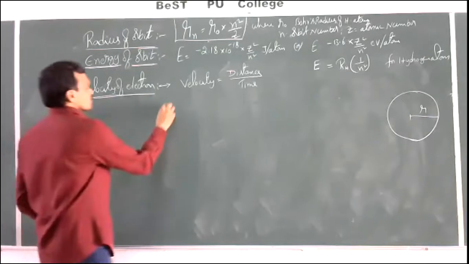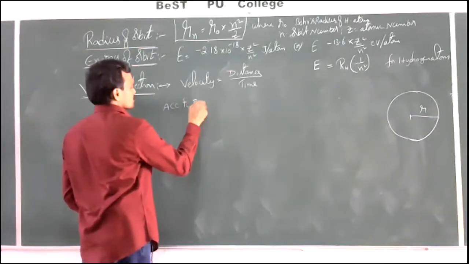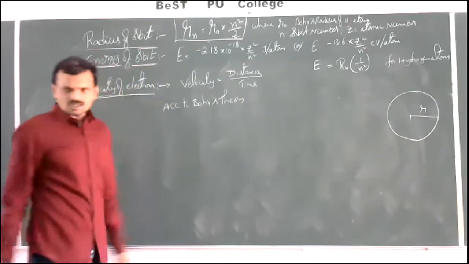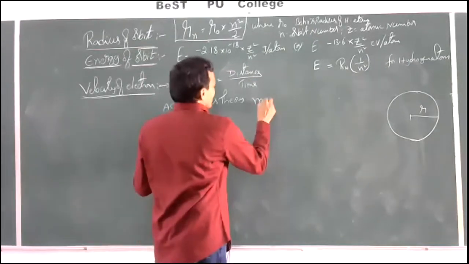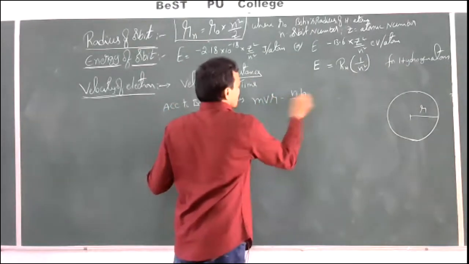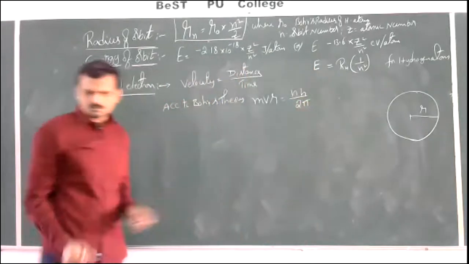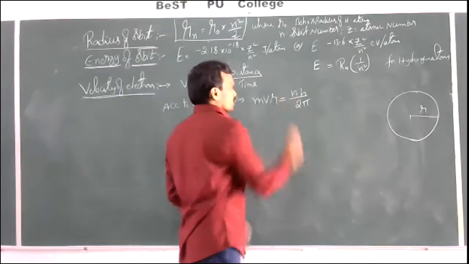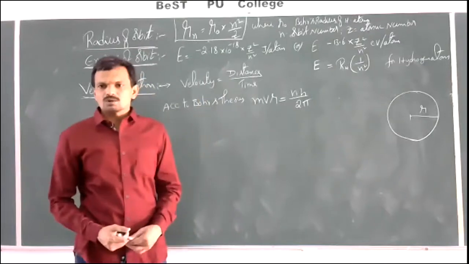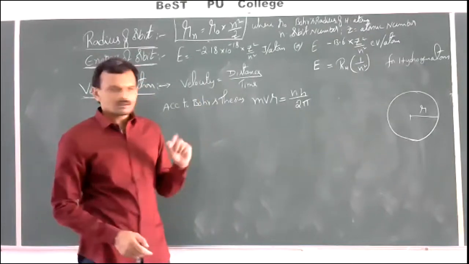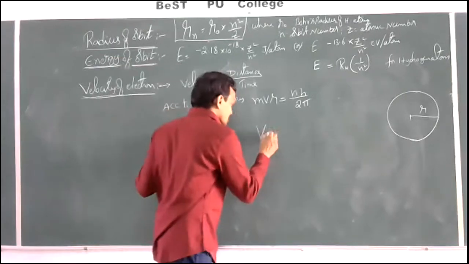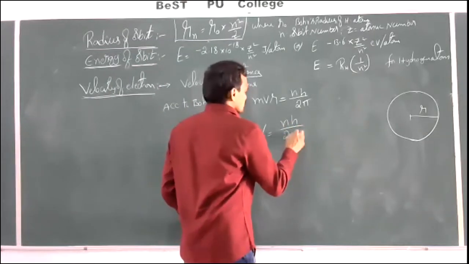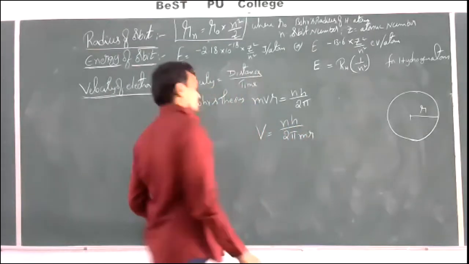Then, according to Bohr's theory, we know that mvr is equal to nh by 2 pi. Angular momentum of revolving electron is equal to integral multiple of h by 2 pi. mvr is equal to nh by 2 pi. Now, velocity of the electron v is equal to nh by 2 pi mr.